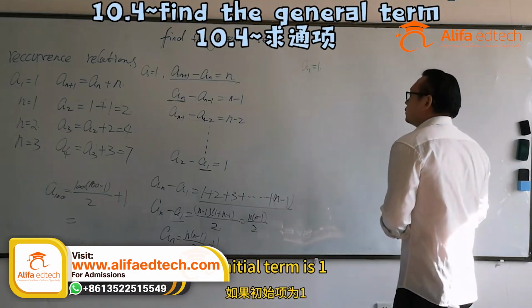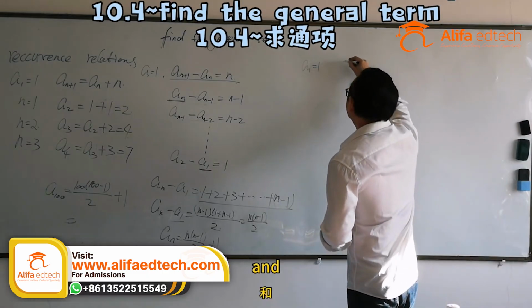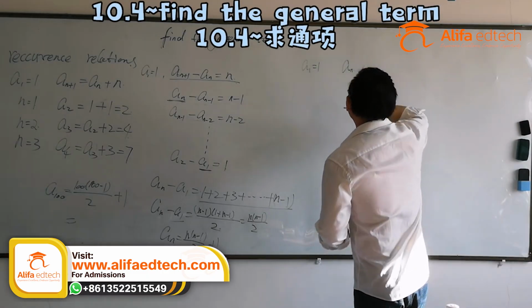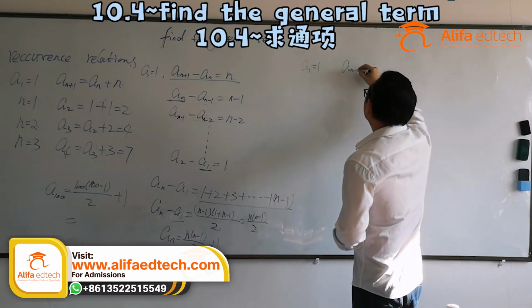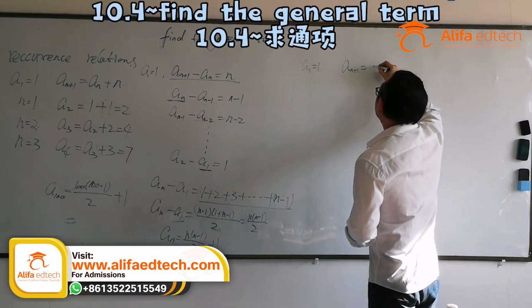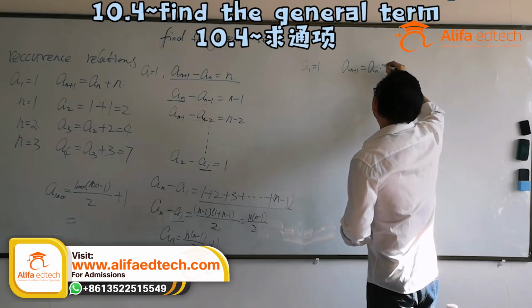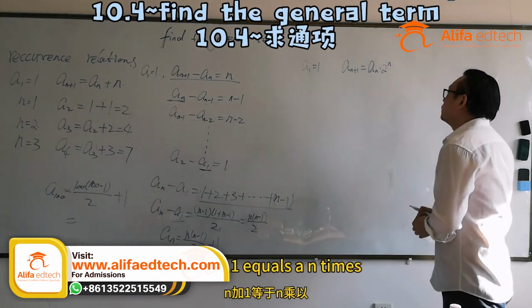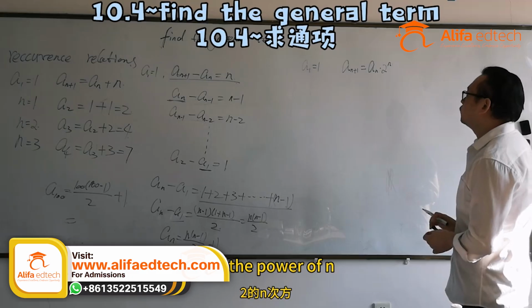If the initial term is 1 and a(n+1) equals an times 2 to the power of n.